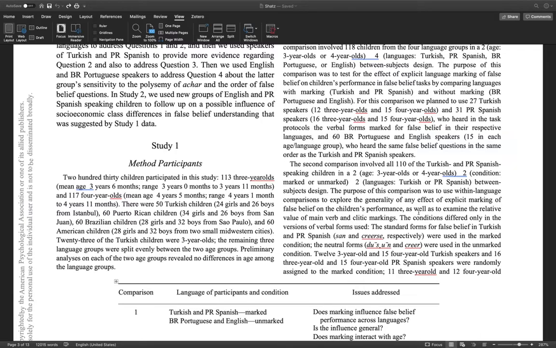The purpose of this comparison was to use within language comparisons to explore the generality of any effect of explicit marking or false belief on the children's performance, as well as to examine the relative value of main verb and clitique markings. So they have a few things they're looking at there. These are the ones that are kind of interesting. The clitique versus just the verbs, that doesn't affect me.